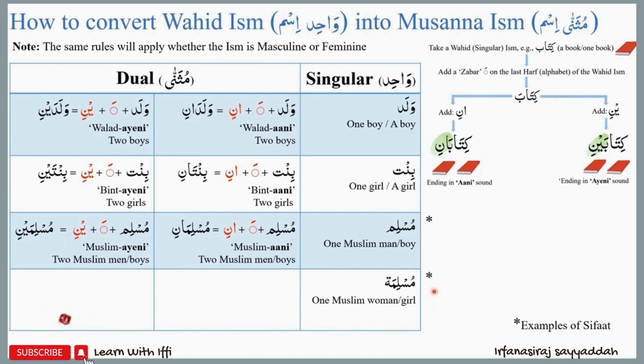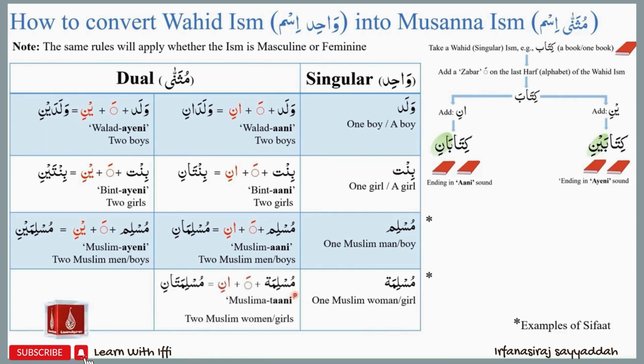Finally, we have the word Muslima. Muslima means one Muslim girl or one Muslim woman. Let's convert Muslima into its musanna form. We will add a zabar on the last harf, followed by alif noon zair. So, if we add zabar to Muslima, and then we add alif noon zair, it will become Muslimatani.